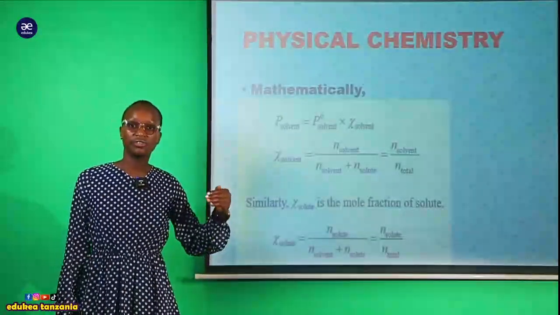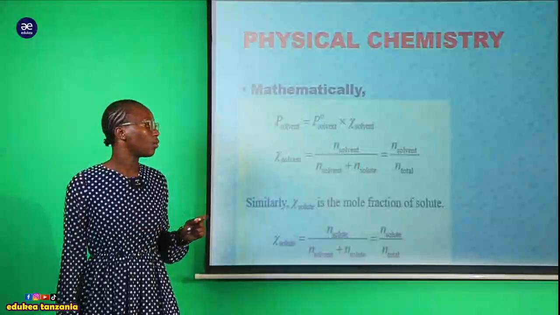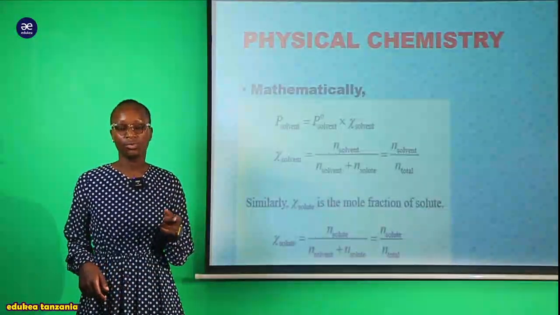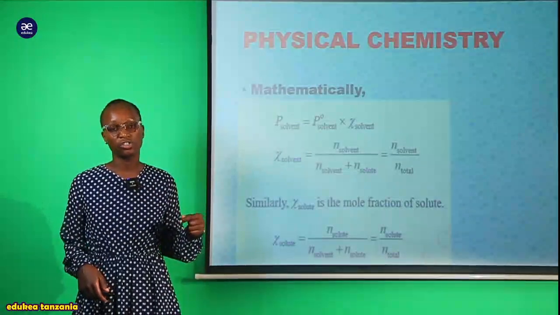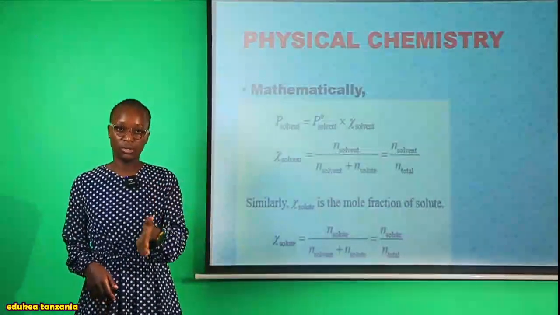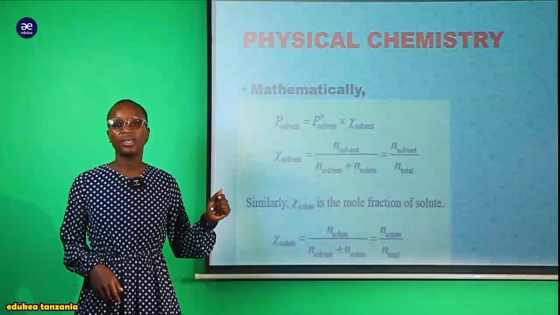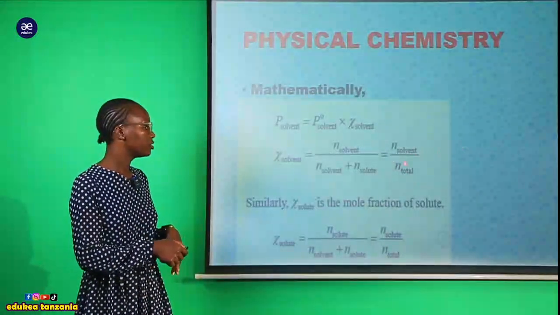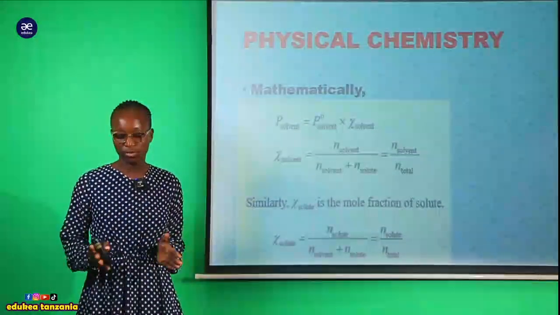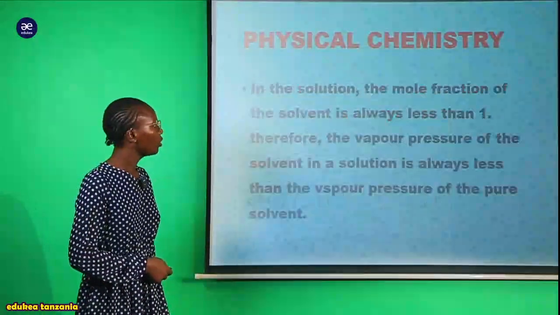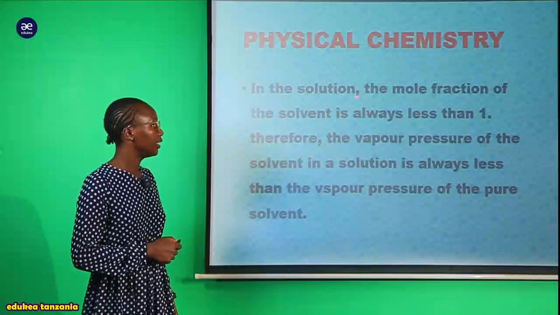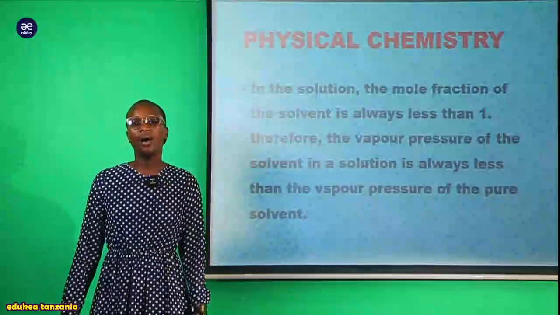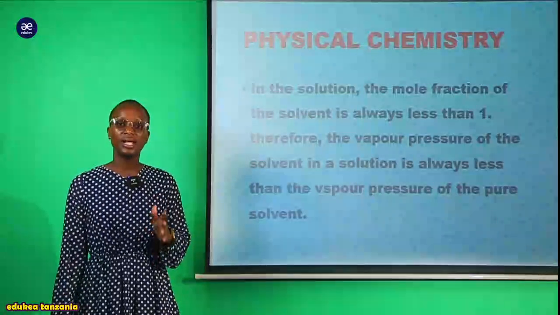Kwa hiyo ukiwa na mole fraction of solvent unaweza kutafuta kwa kutumia n of solvent over n total, lakini pia the same tunapokuja kwa solute itakuwa mole fraction of solute sasa ni n of solute over n total, wakati kwenye solvent ni n of solvent. Tunabadilisha tu hizi concept, lakini tunasema ni similar, ni vitu ambavyo vinafanana. Okay, so in the solution the mole fraction of the solvent is always less than 1. Sasa mole fraction in solution is always less than 1.